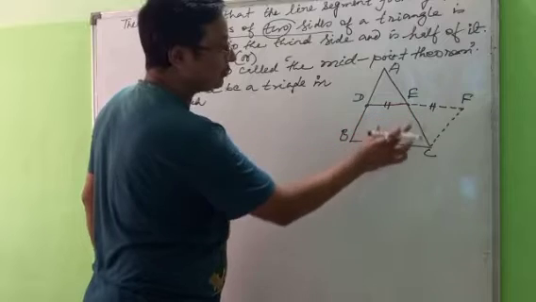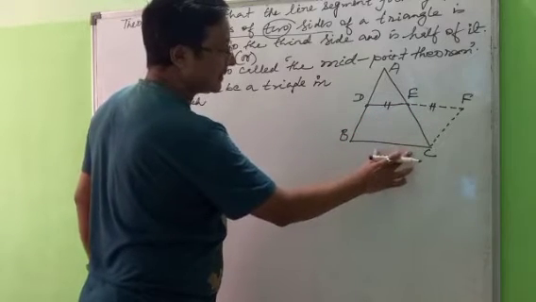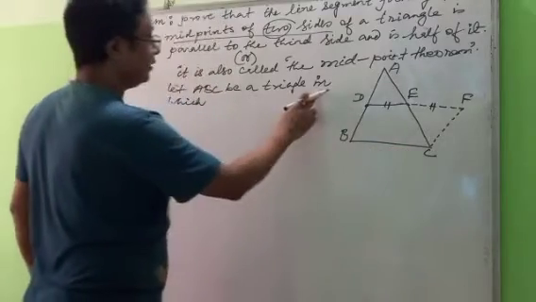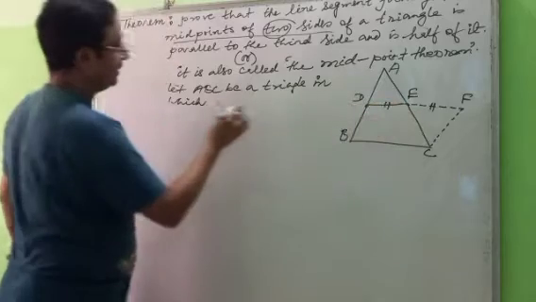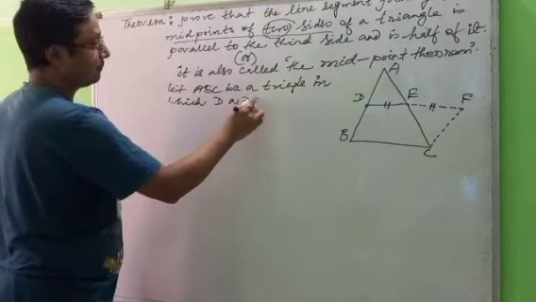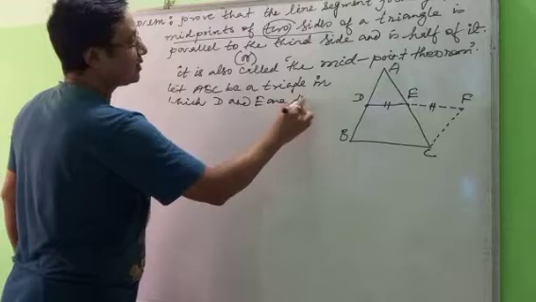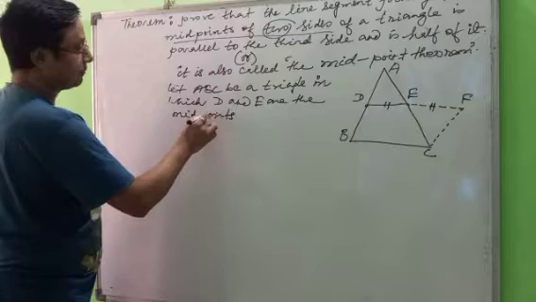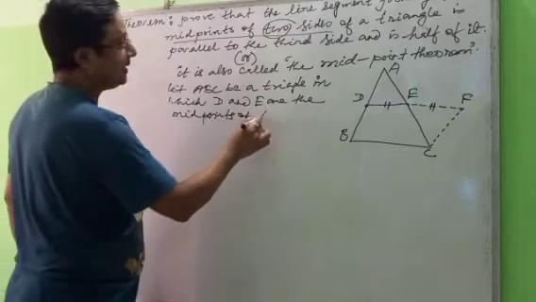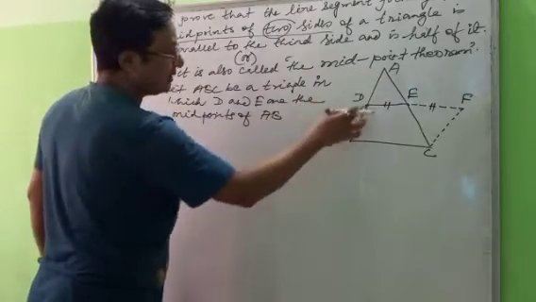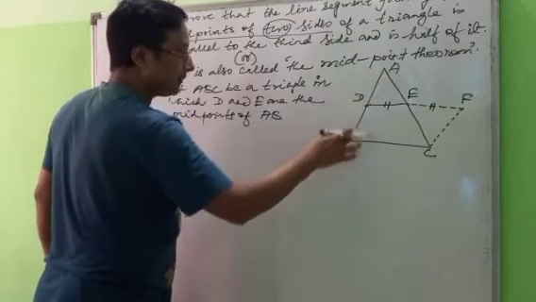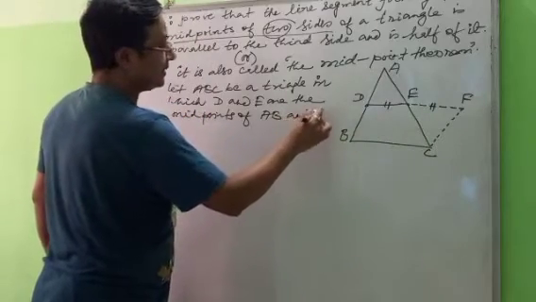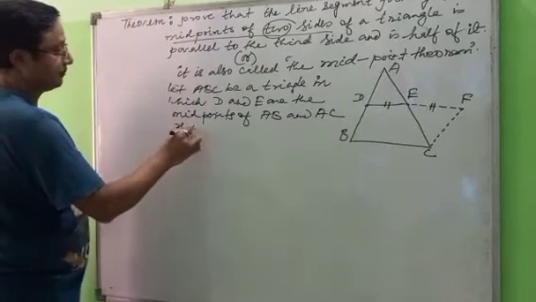DE should be parallel to the third side BC and should be half of BC. So D is the midpoint of AB and E is the midpoint of AC respectively.